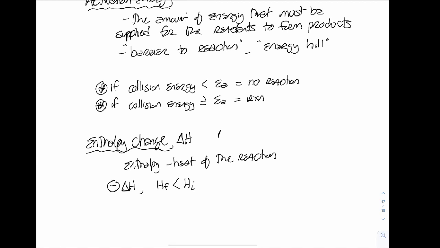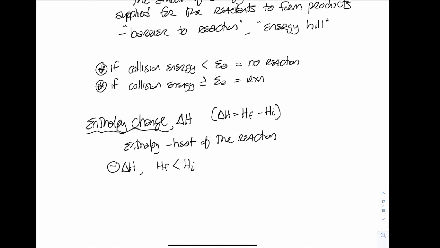Remember, delta H is always equal to my final enthalpy minus my initial enthalpy. So if I end up with a negative value, that means that my final heat is less than my initial. I have less heat energy when I'm done than when we started, and we gave that a special name.